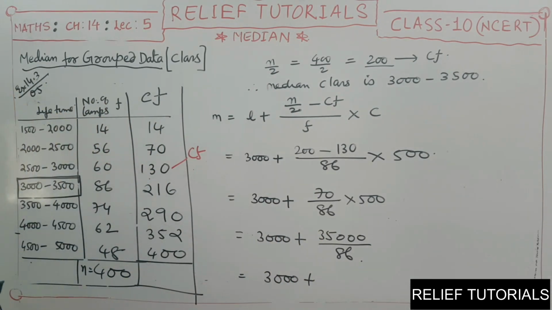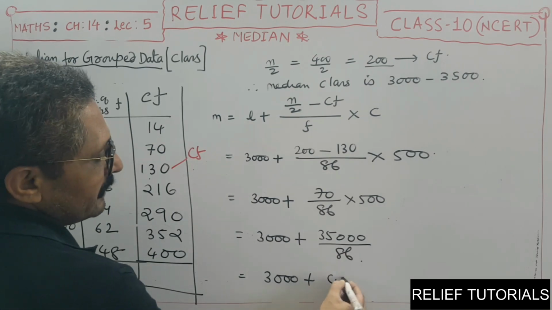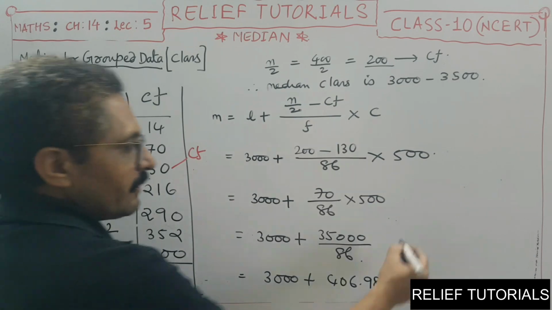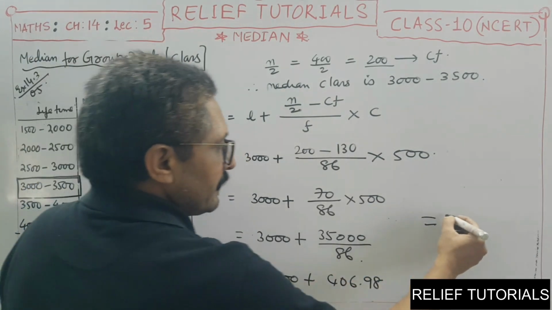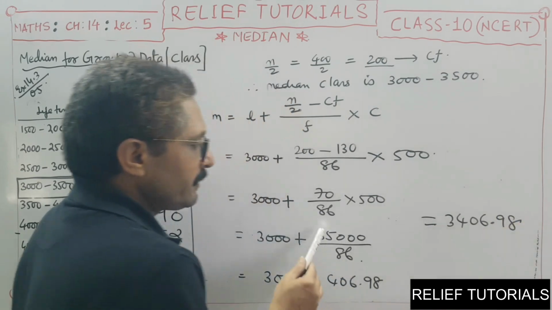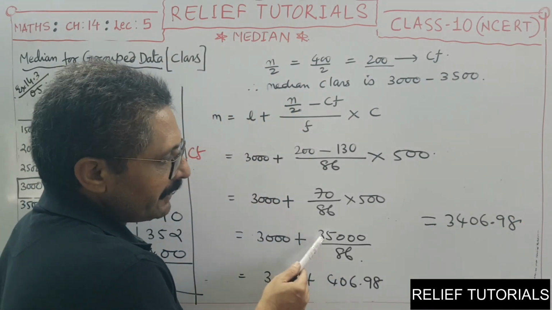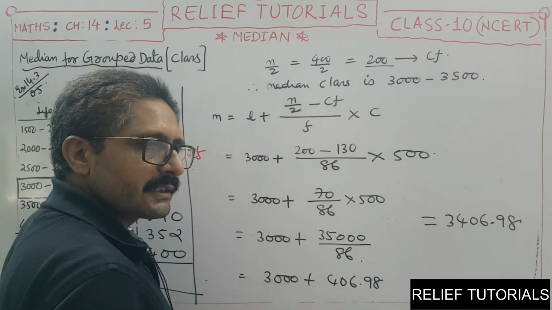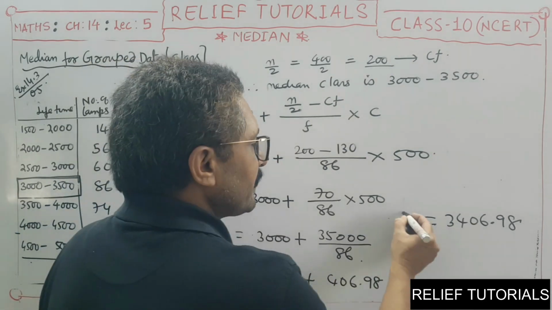I think you will get here 406.98. So now the answer is 3406.98. Please divide this. You might know how to divide 35,000 by 86. The answer will be 406.98. So this is our median.